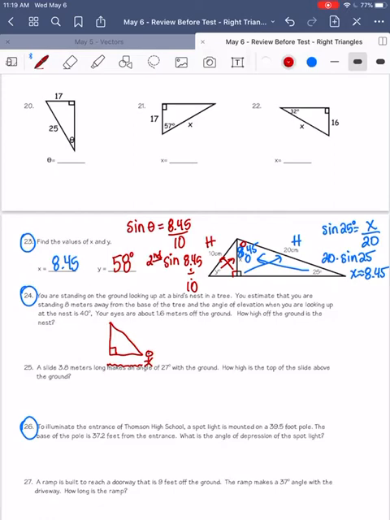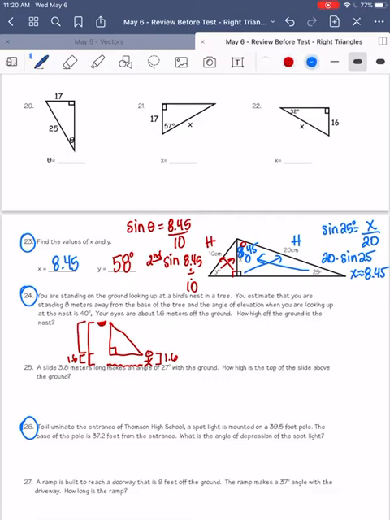So this amount is 1.6. You're going to have to add that because it's saying the nest is up here. We're trying to figure out this height, and we're only going to find this part to start with, and then we'll take the 1.6 and add it in just a moment.